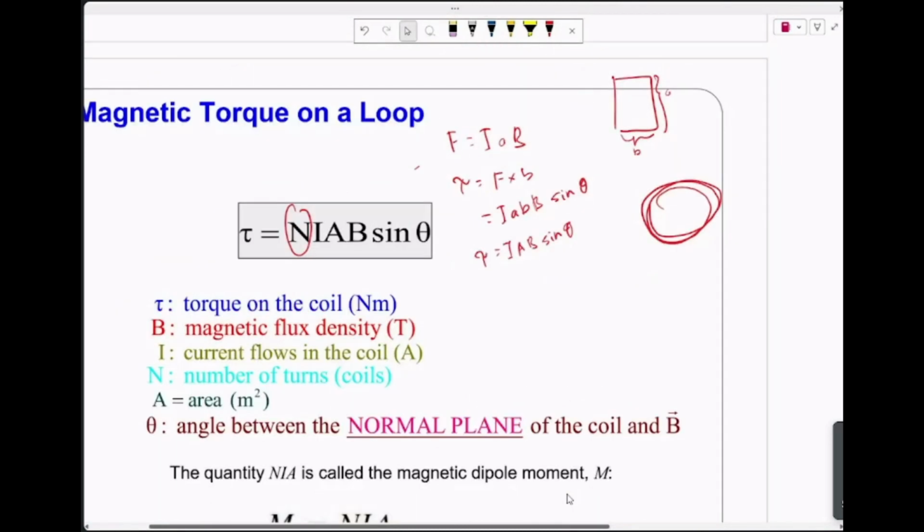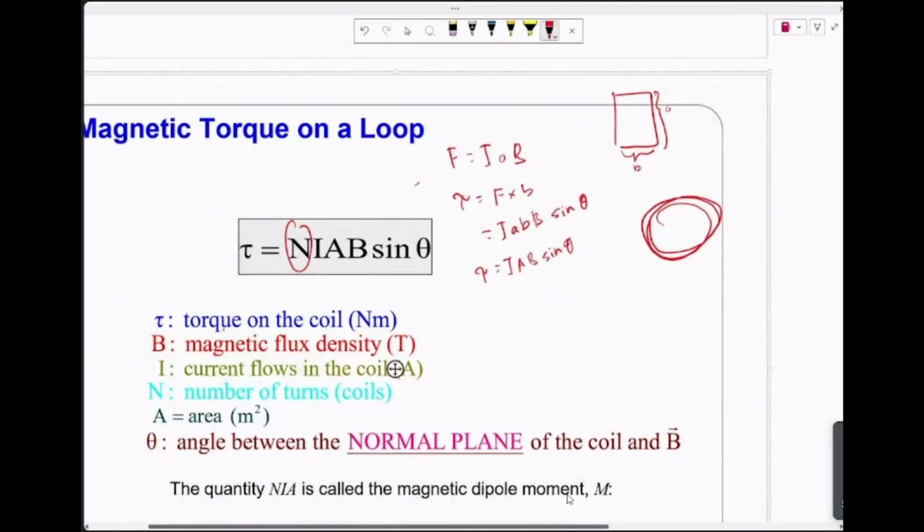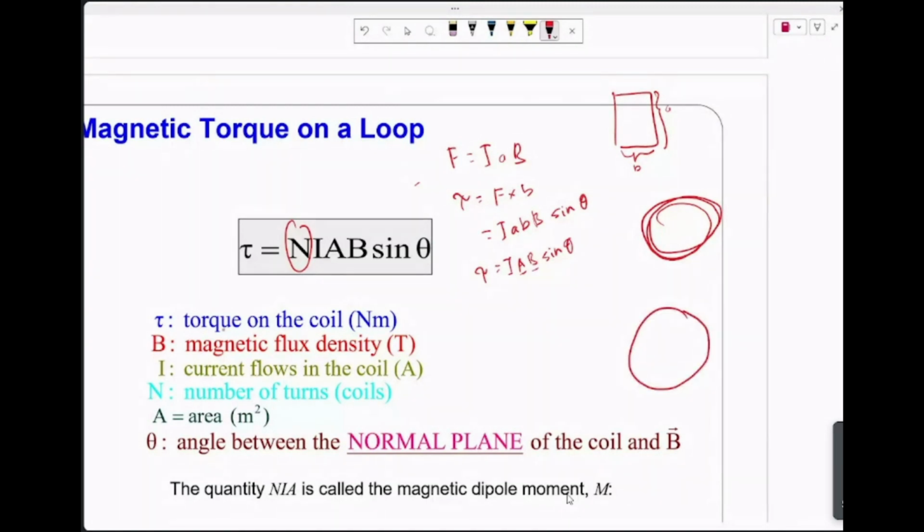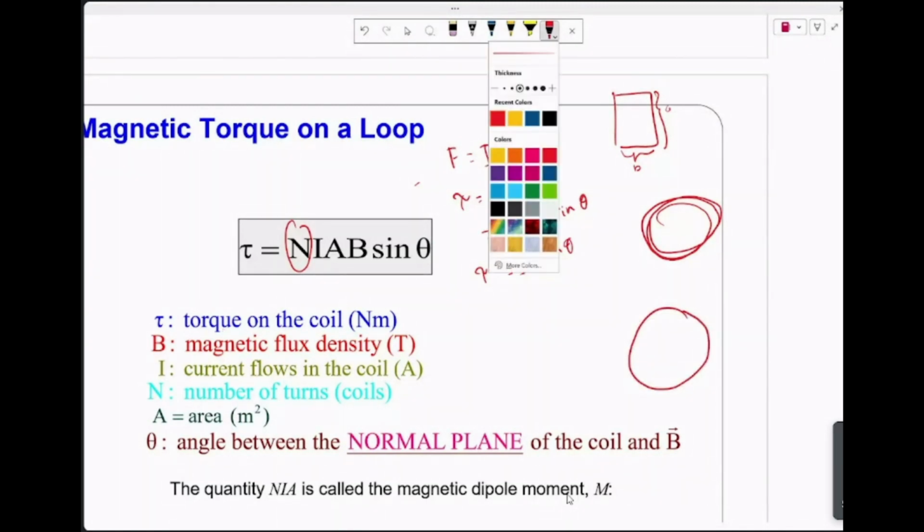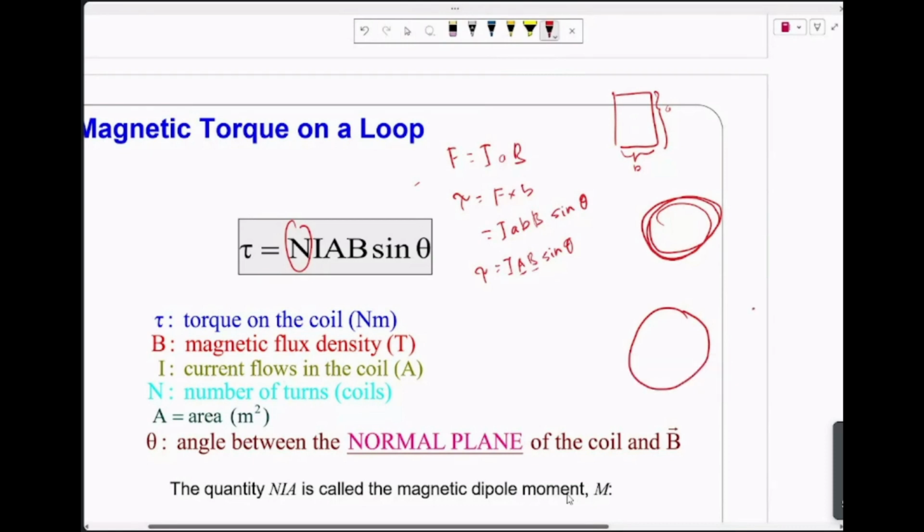So the area here, what you're seeing here actually, this theta here, when it's reduced to this, what this statement given here, theta here is the direction of A and B. So if I were to have area like this, the direction of the area is out of the page.